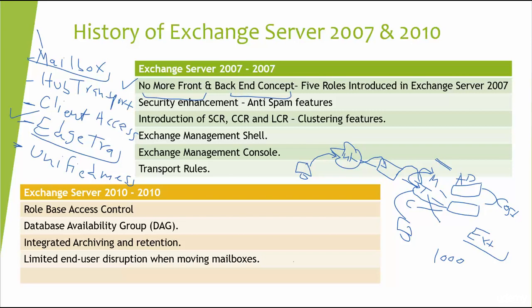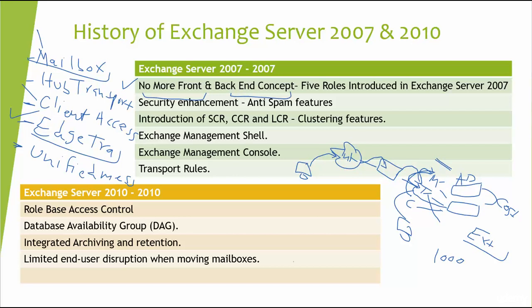So the other thing that you had at that time was the client access server role. So the client access server role was one of the roles that you were able to install on the same server where you have the transport role or mailbox server role, so they can all be installed together at the same time.